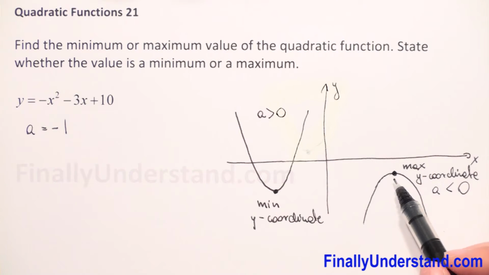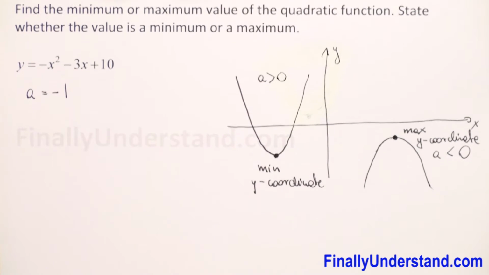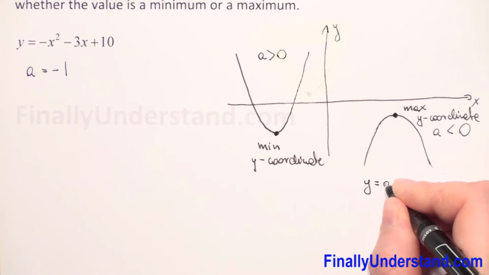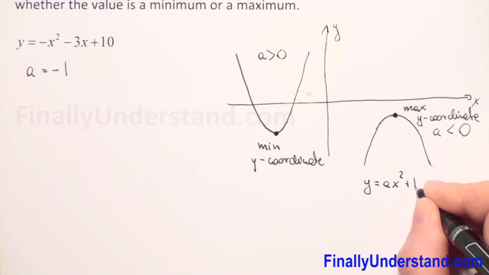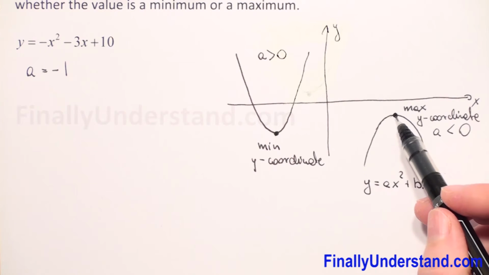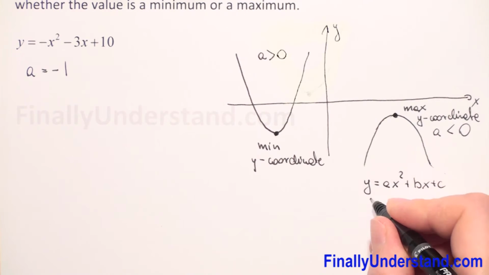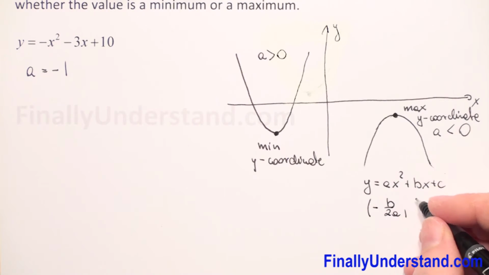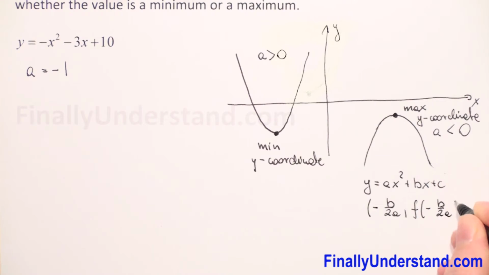Let me remind you of the formula. When we have the quadratic function in general form, y is equal to a x squared plus bx plus c, the coordinates of our vertex are negative b over 2a, and the second coordinate is f of negative b over 2a.